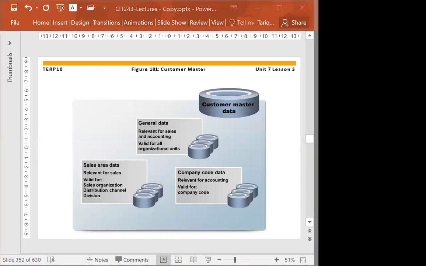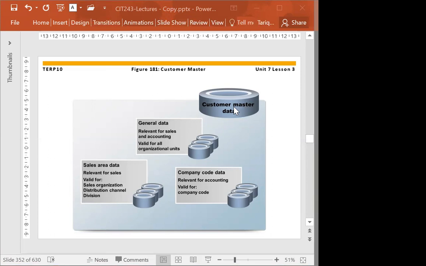Now, if we talk of customer master data, remember that customer master data is stored in three different areas.